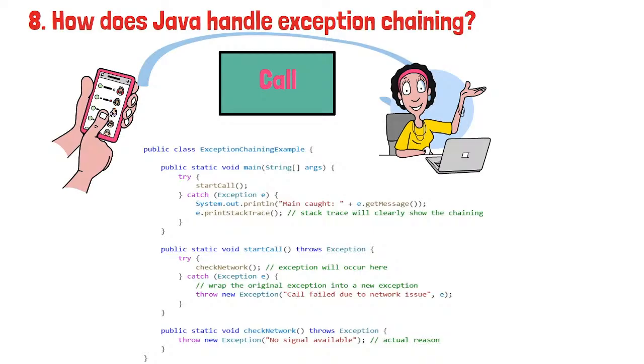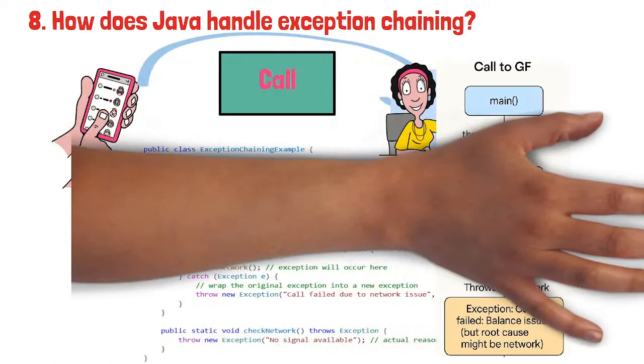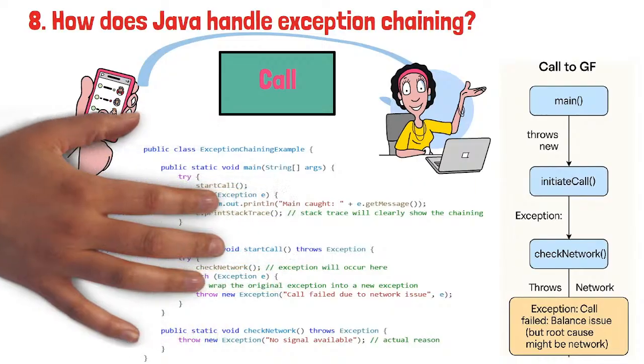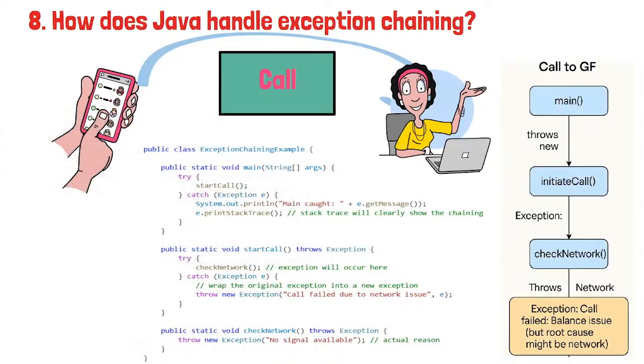But in my start call method, there is one compulsory step: it should check the network. If there is no network, how will you create a call? So in that we have called another method, check network. This method also can throw multiple exceptions like signal or booster or any other issue. So we have handled that in the check network method.